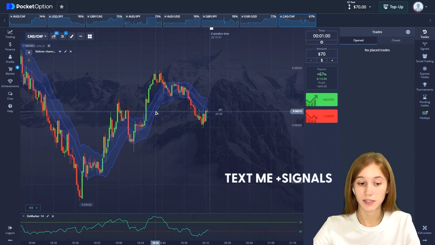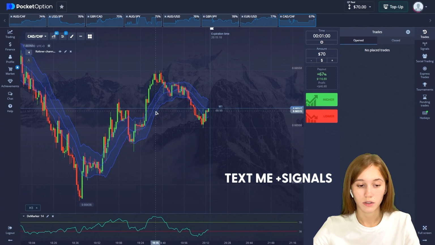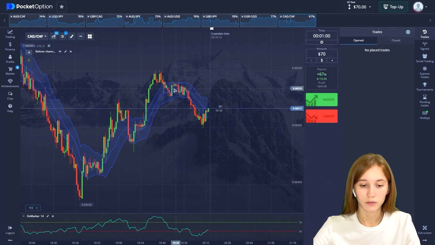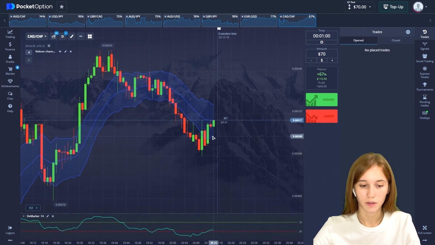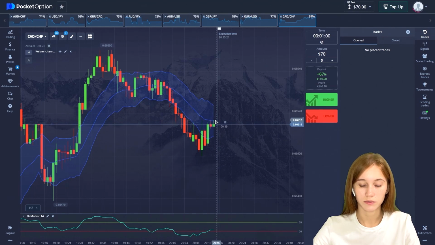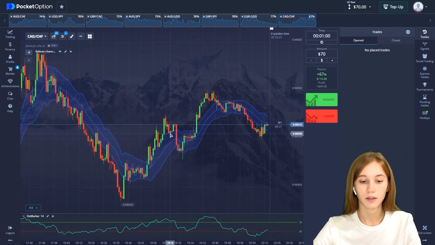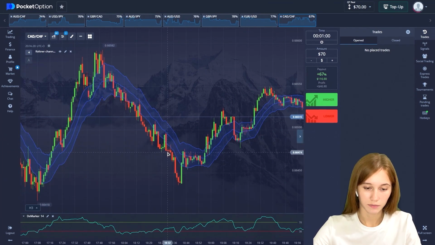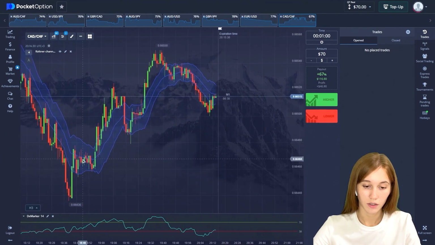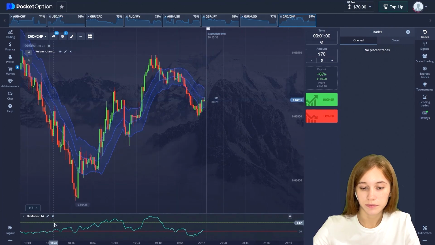This is a volatility-based technical analysis indicator, which helps to determine the trend in the market, like others, for example, like Bollinger, Donchian channel. So these are the upper and lower borders. Quite simple indicators.